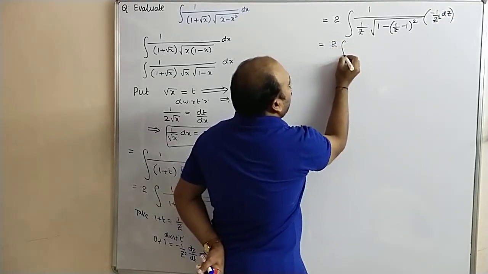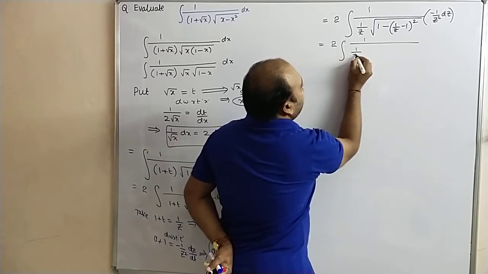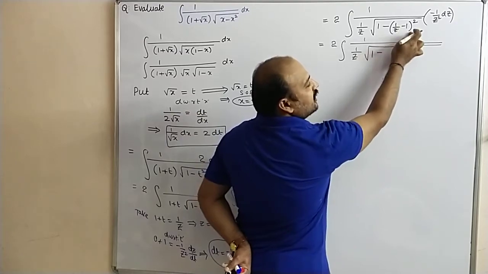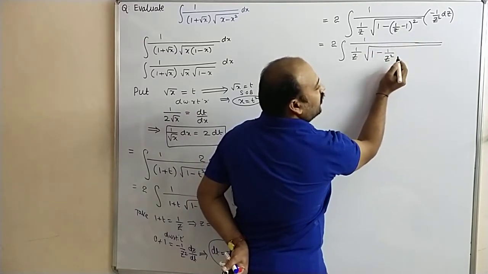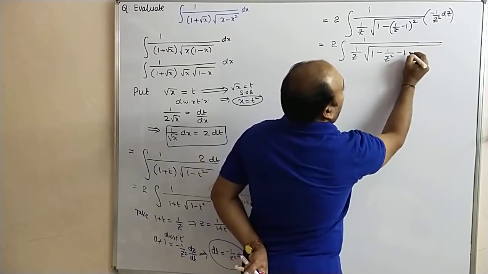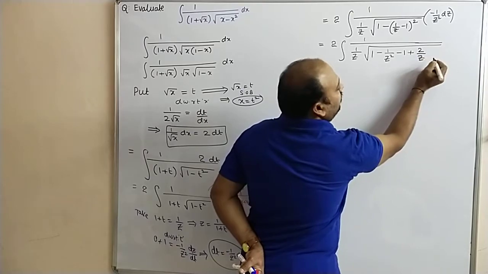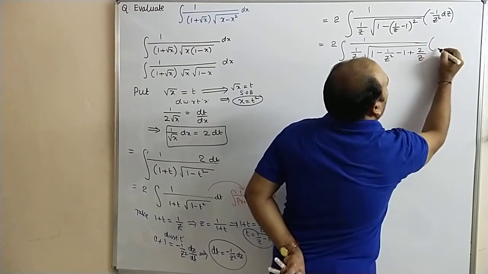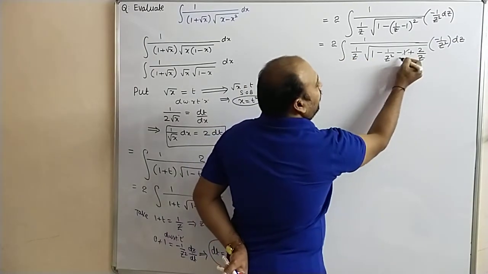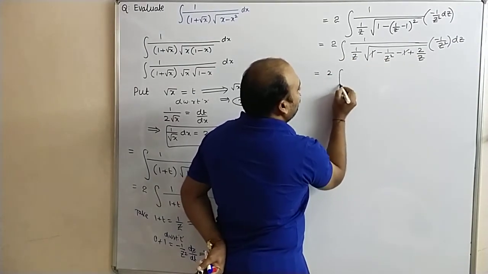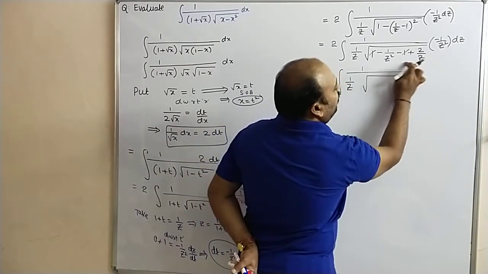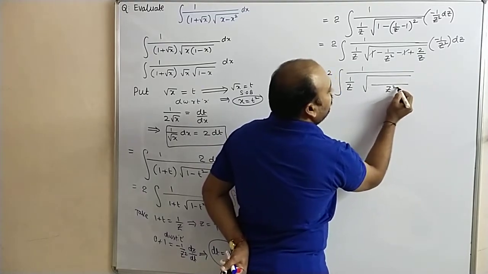So 2 into 1 by z, square root of 1 minus a minus b whole square expansion, 1 minus 1 by z square, minus 1 plus 2 by z into minus 1 by z square into dz. Here minus 1 plus 1 get cancelled. 2 into integral 1 by z, square root of, here also z square is the LCM.